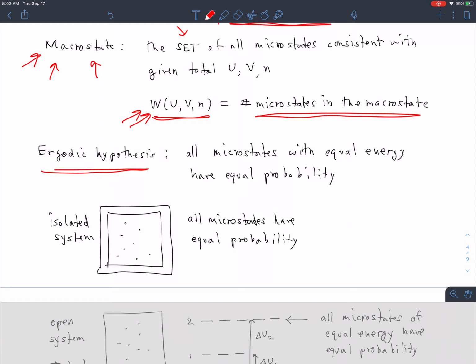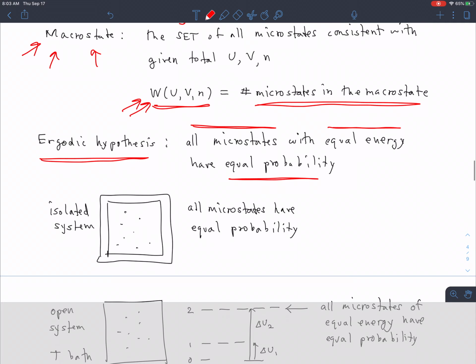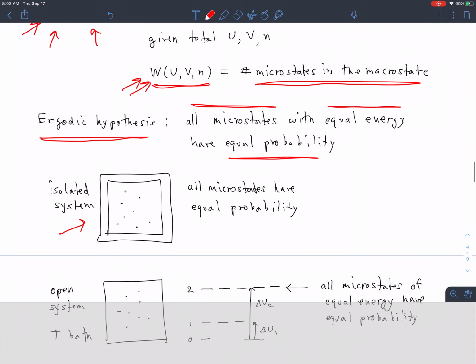We introduced the ergodic hypothesis, which isn't always true, but almost always is true in all chemical situations, which says that all the microstates in the system that have equal energy also will have equal probability. If the system is isolated, that means all the microstates have equal probability, because an isolated system can't change its energy, and therefore all the microstates do have the same energy.